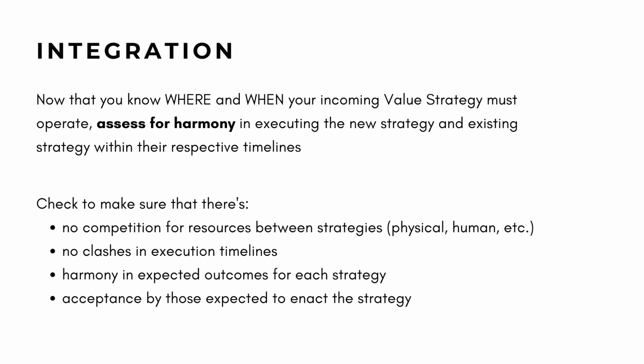We must then check to ensure that there is no competition for resources between the new and existing strategy, be it physical resources, human resources, etc. We must also ensure that there are no clashes in execution timelines for the strategies. And we must also check and see if there's harmony in the expected outcomes for each of the strategies that we have developed and that we're now trying to put into place.